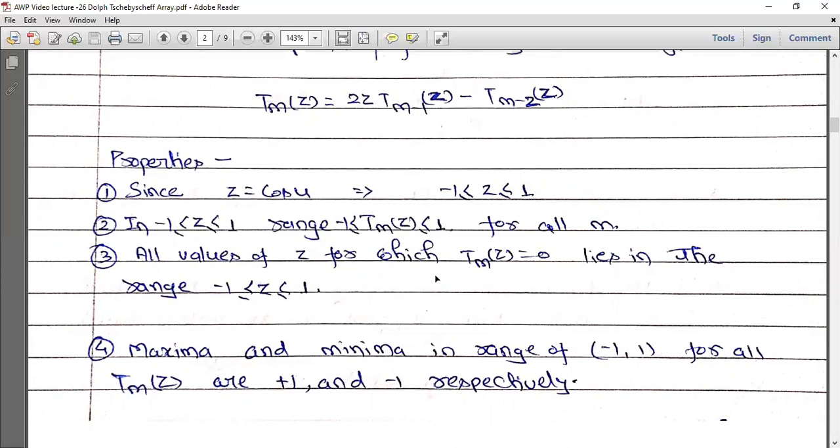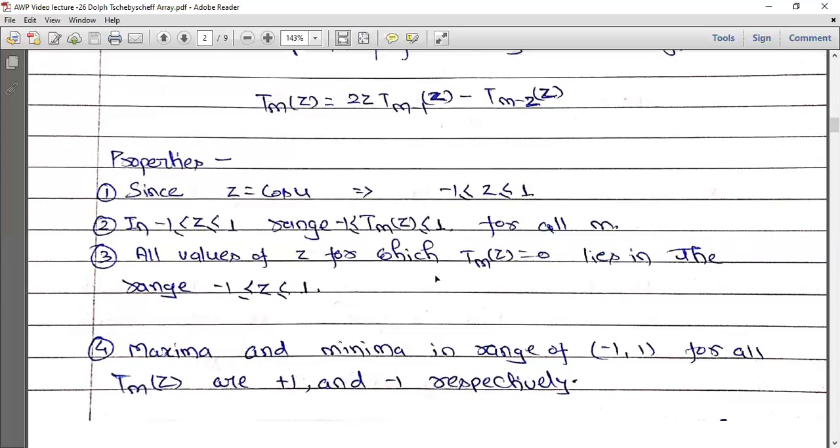Now, all values of z for which Tmz is equal to 0. We know very well that for any given polynomial, suppose you have a polynomial in x defined as fx, and you try to find some value of x for which fx is equal to 0, then those values of x are known as roots of the polynomial.